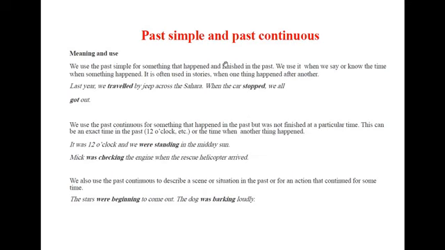Past simple and past continuous. Same as we have the simple present and present continuous or progressive, we have past simple and past continuous. The meaning and the use of them. We use the past simple for something that happened and finished in the past.